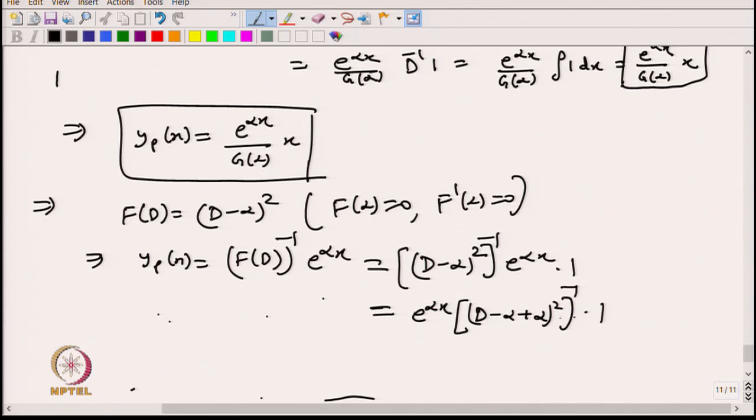So, this is the operator operating on 1 only. So, it will be e^(alpha x) and this will be D, because this and this will cancel out, operating on 1. So, if you see it, this becomes D square inverse operating on 1.